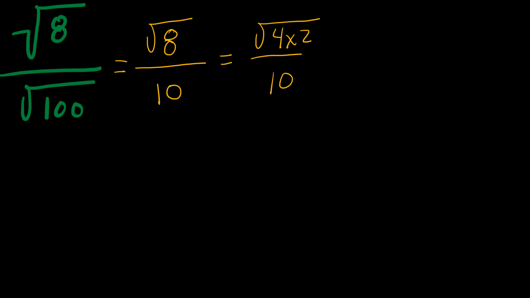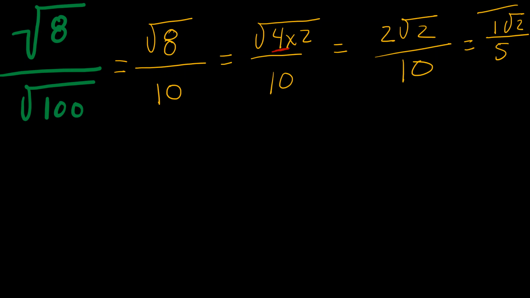And we know that 4 is a perfect square. So this would simplify to 2 root 2 over 10. If you reduce the top and bottom by 2, you would get 1 over 5. And of course, root 2 would still be there.